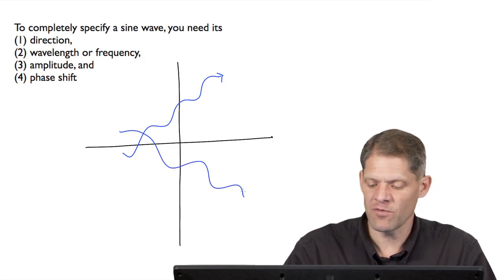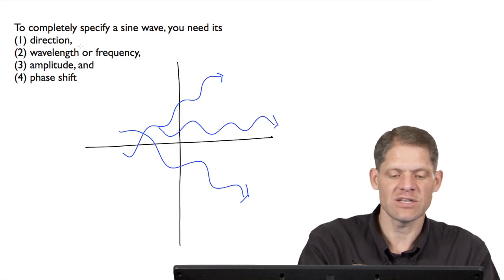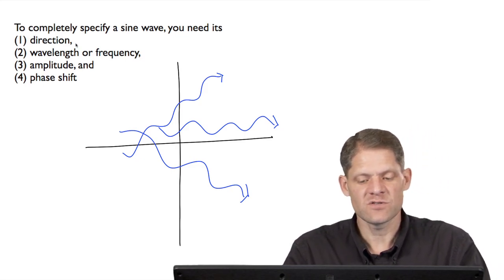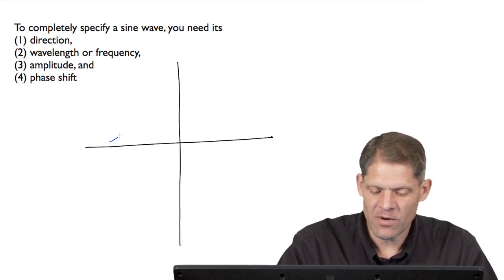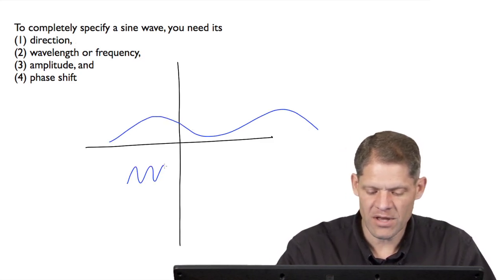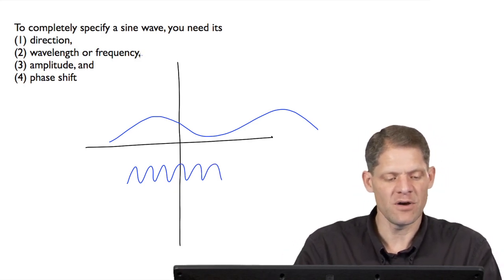Is it a sine wave moving like that? What direction is the sine wave going? So that's the first thing we need to know. The second we need to know is what is its wavelength or its frequency. For instance, is it a sine wave of very long wavelength? Or is it a very quickly oscillating sine wave? The wavelength or frequency has to be known.